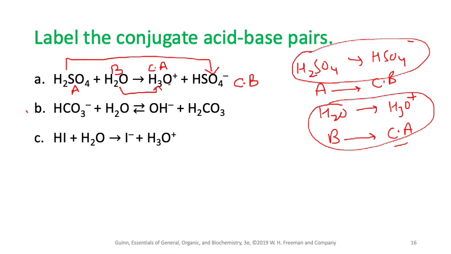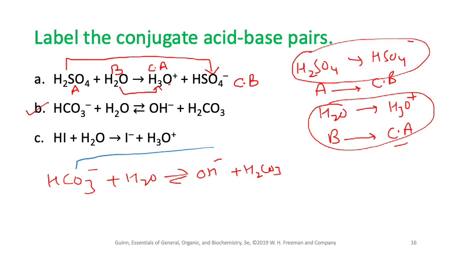Now, let's do the second one, where you have HCO3 negative reacting with water, giving you hydroxide ion and carbonic acid, H2CO3. In this case, HCO3 negative is converting into H2CO3. That means this HCO3 negative is getting one extra hydrogen from somebody else, and the one who provides that proton is water. So water is acting as an acid and this is acting as a base.